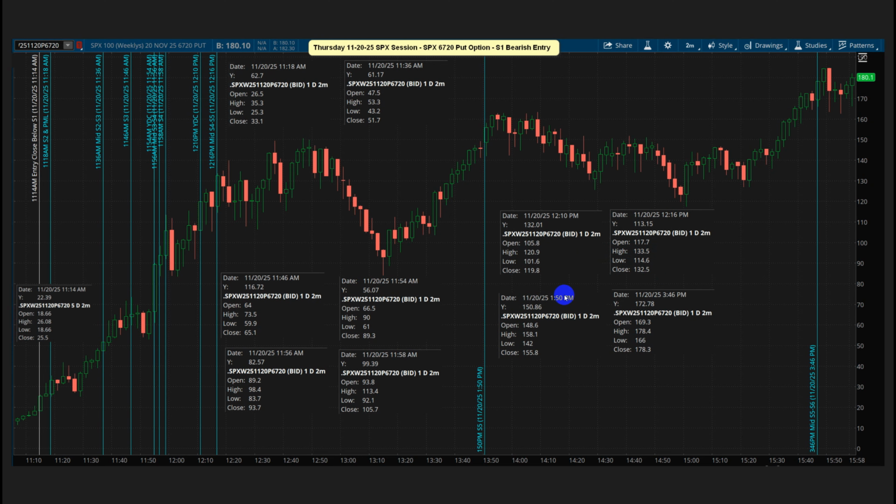Remember the 1:50 p.m. That was where we were saying to close out all of the contracts because we're running out of time, or further adjust your stop loss to tighten it up, since we're running out of time. And then there's the 3:46 p.m. candle if you had any contracts left over from going into the end of the session.